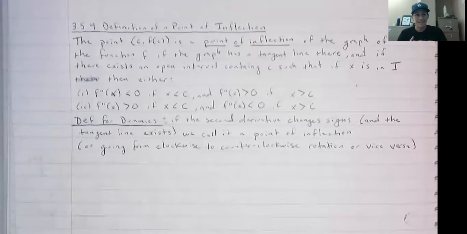But what it is saying is that if you have a point of inflection and if you have a second derivative that exists, that second derivative is 0. So it kind of goes back to that sufficient and necessary thing, that a second derivative being 0 is not sufficient to say that a point of inflection exists there.